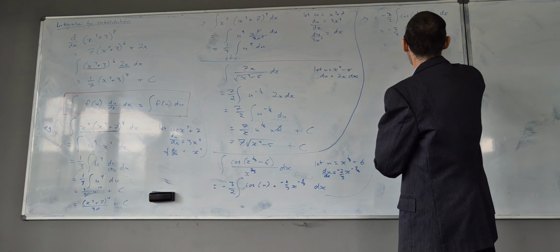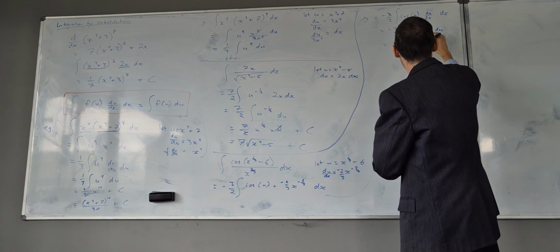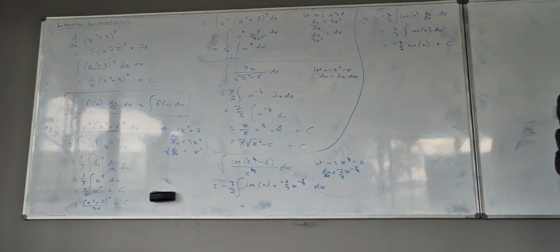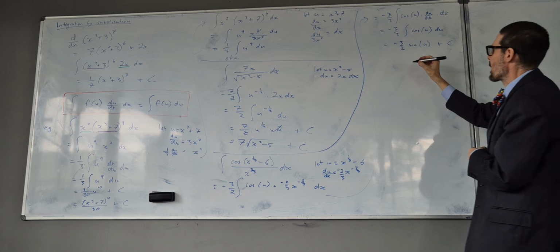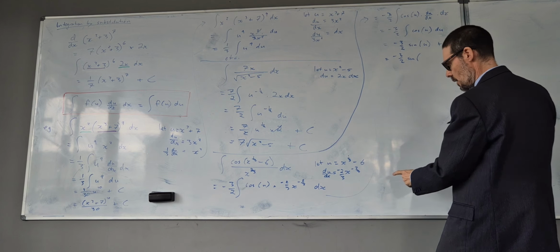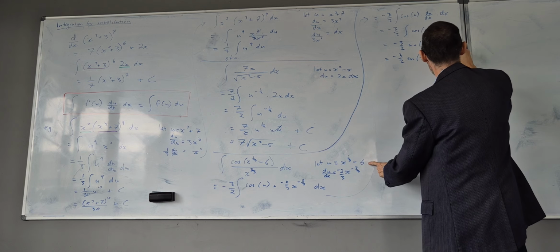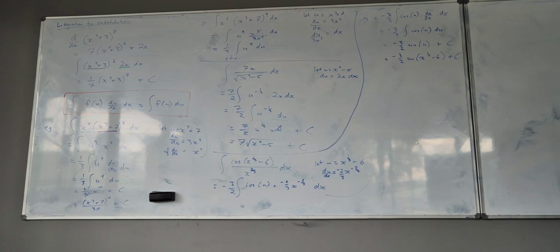Integral of cos is sine. And then substitute back. U is x to the 3rd minus 6, plus constant.